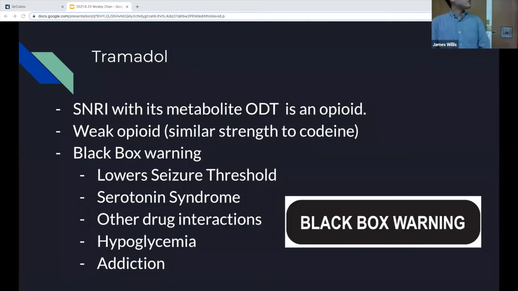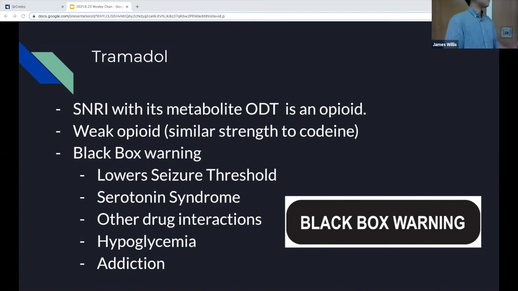A quick point about tramadol. Tramadol is often seen as a pain medication, often seen with our older patient population. It is an SNRI with an opioid metabolite. However, it's a weak opioid, similar in strength to codeine. It's addictive, and it doesn't really give great pain coverage. A recent study in 2019 published in JAMA showed an increased overall mortality risk with tramadol use in patients with osteoarthritis.